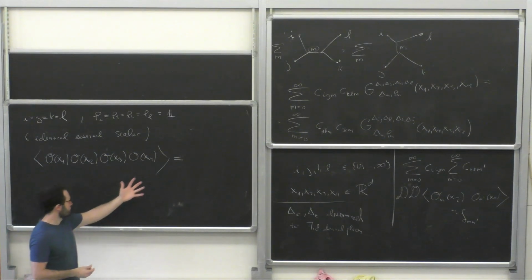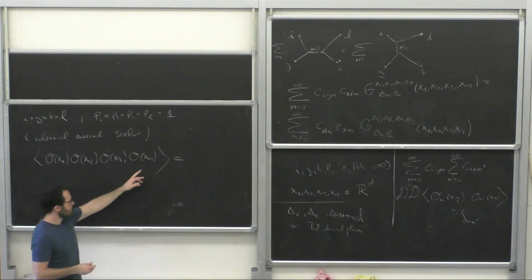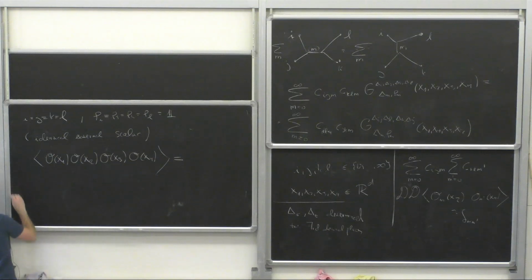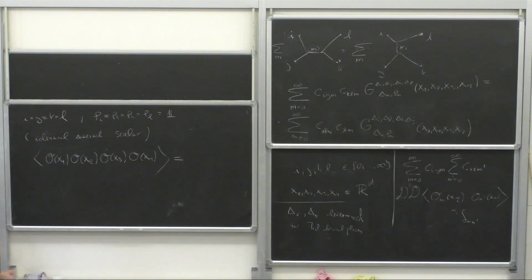We can try to repeat the same thing. So let's say we use the inversion. So basically the question is, what are the kinematic parameters that the 4-point function depends on? And here's how to think about it.